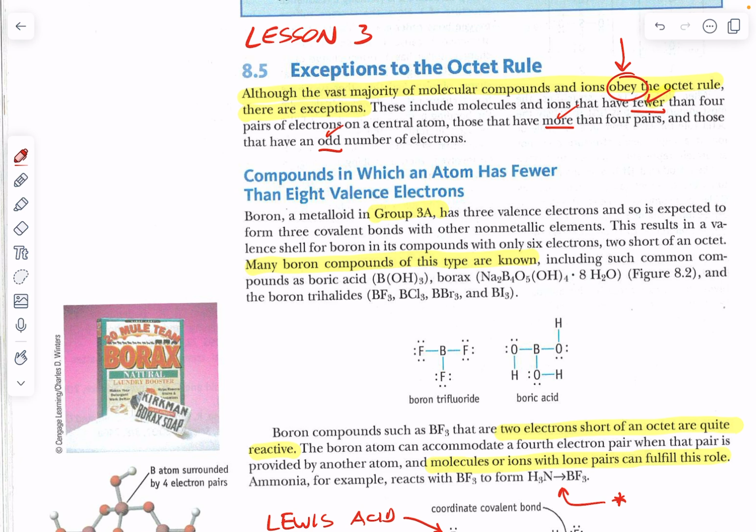Now, there are different ways you can understand obey. We're using anthropomorphic language in the sense that it's not like molecules or drawings of molecules have a conscience or a mind that can choose to obey or disobey.